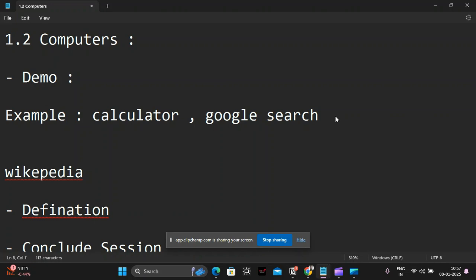All right, I gave you a clear understanding of what a computer is all about.